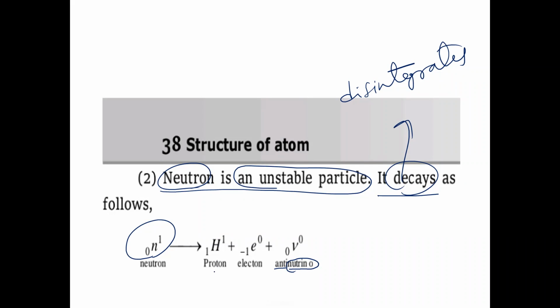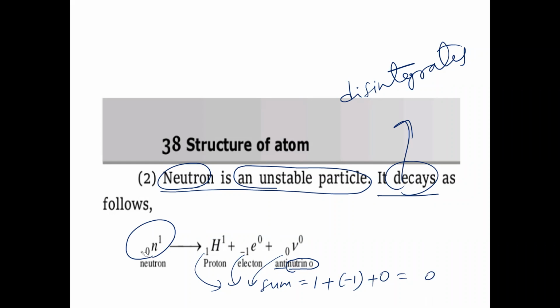Now tell me, the sum of these atomic numbers: 1, -1, 0. Sum equals 1 plus -1 plus 0, which is 0. That's why we got 0 for the neutron.